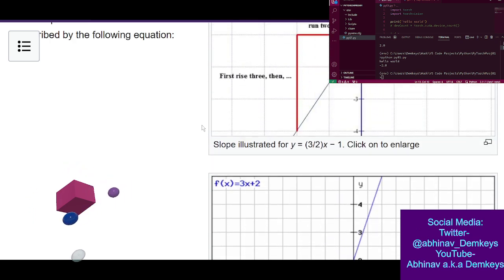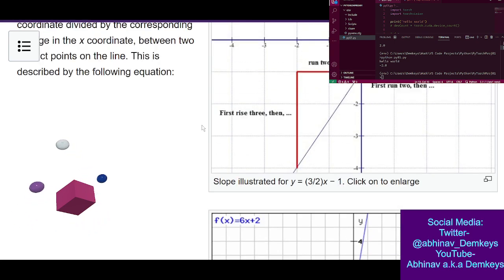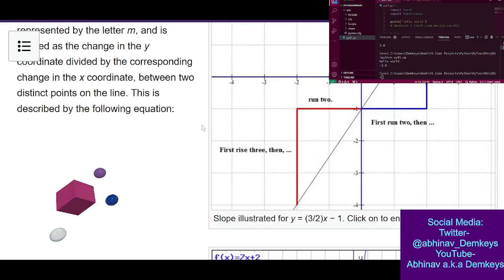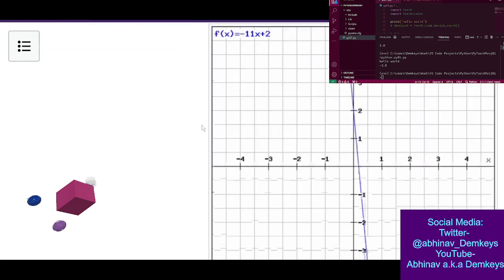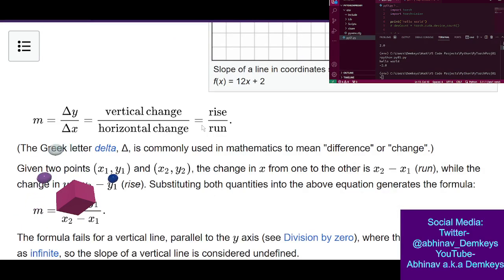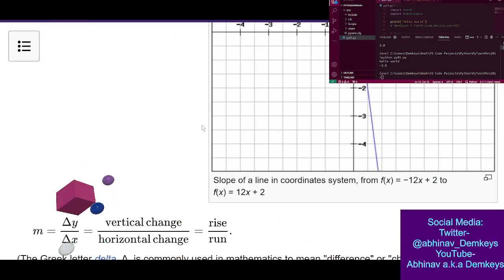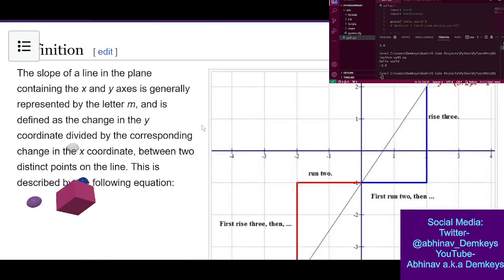Okay, so I need to figure out where this formula came from. Slope illustrated for y equals 3 divided by 2 multiplied by x minus 1. And here the slope of a line in coordinate system.